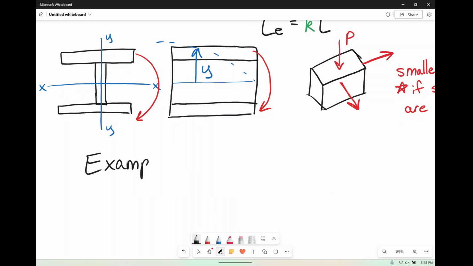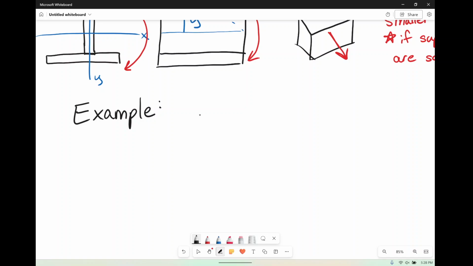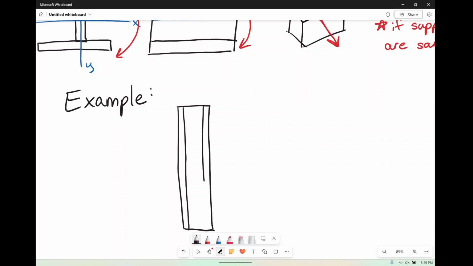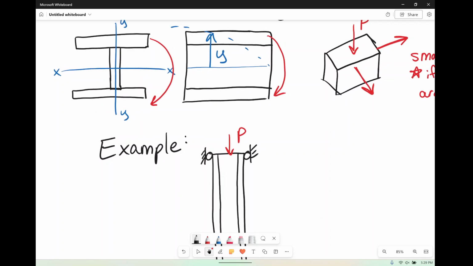So for this example, we're going to have different restraints. We're going to have an I shape, so please look at the picture right there. And we're going to have a column. And for our column, we're going to say that in this direction, P is right here at the dead center at the top. He's going to be fixed, and he's going to be restrained in motion in the Y direction.